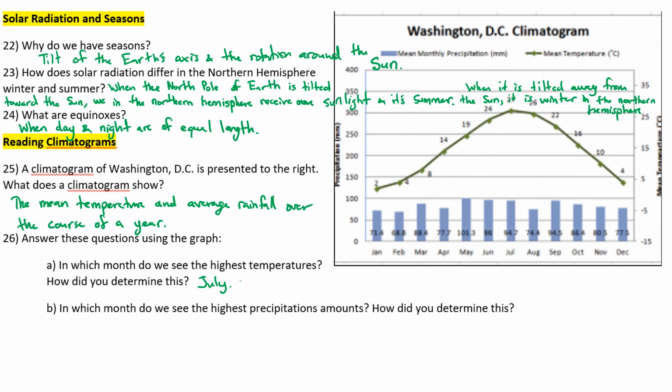We can determine this by looking at the line graph. In which month do we see the highest precipitation amounts? So this one would be in May. And we looked at the bar graph.